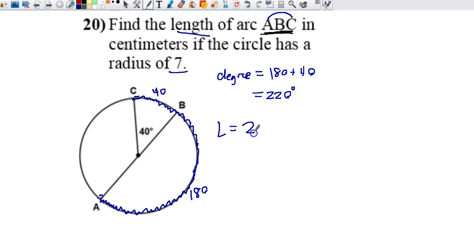Arc length formula is based off circumference, 2 pi r, degree over 360. 2 pi times 7 times 220 over 360.